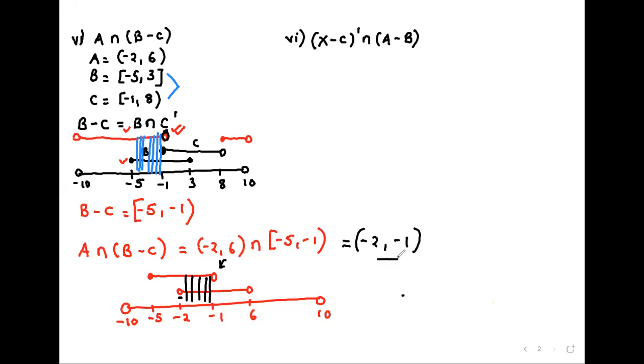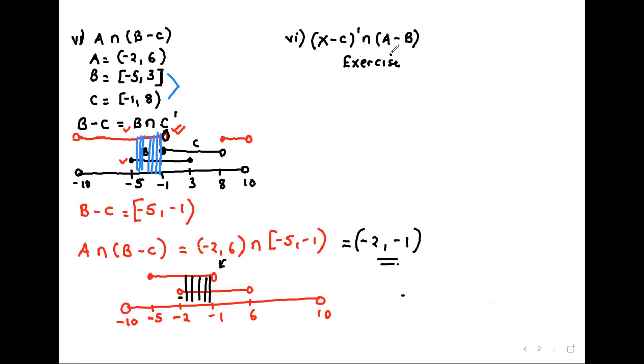So this becomes the solution now. The beauty about this is that it has left us with an exercise. It's nice because you start with X minus C complement. So you remember what we said about X minus C, and then the complement, so you know what that set is.